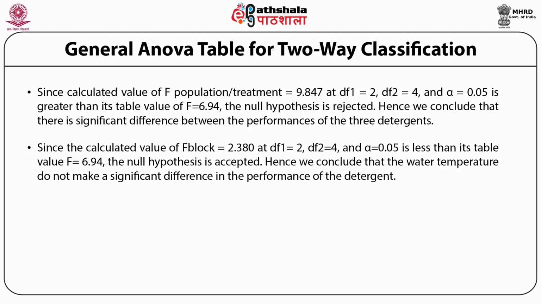Here you can see that F table is more than F calculated. 6.94 is greater than 2.380. Therefore, in this case, the null hypothesis is accepted. Hence, we can conclude that water temperature does not make a significant difference in the performance of the detergents.